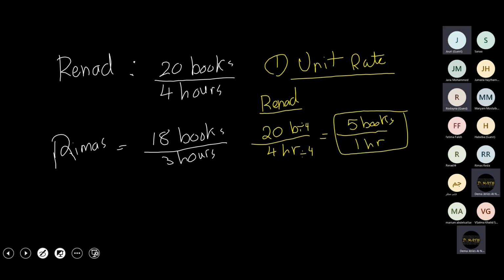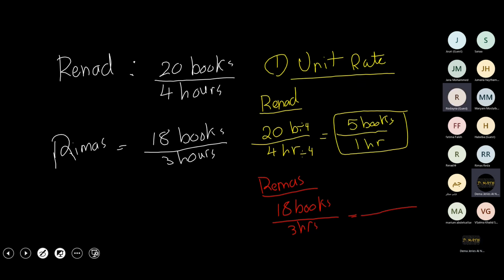Now Rimas: 18 books per 3 hours. Where's the denominator? 3. Divide by 3. 18 divided by 3 is 6.